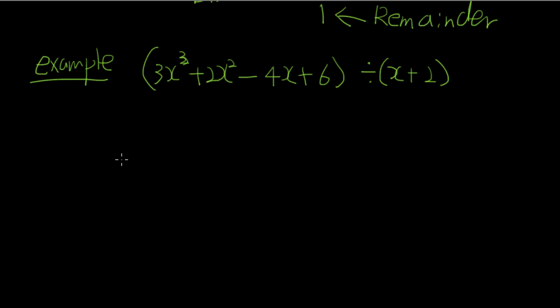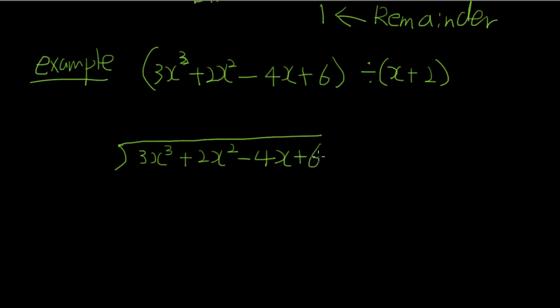Putting in parentheses just to avoid any type of confusion. So I am going to put this into that polynomial division format. So this dividend is going to be placed right here, 3x cubed plus 2x squared minus 4x plus 6.